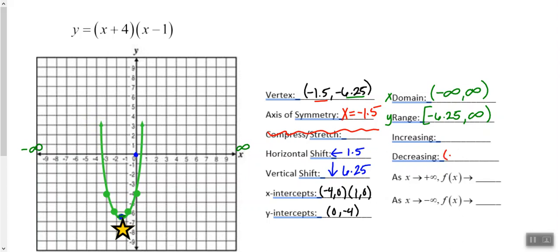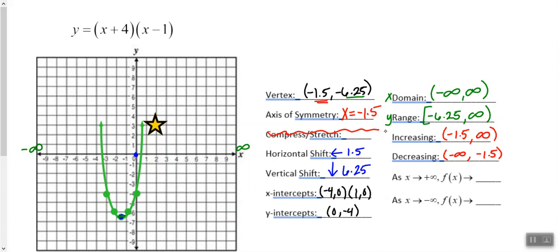So we decreased from negative infinity to the x value of my vertex, which is negative 1.5. And then we increase from negative 1.5 to the other side, which is positive infinity. So we increase from negative 1.5, which is the vertex, to positive infinity.